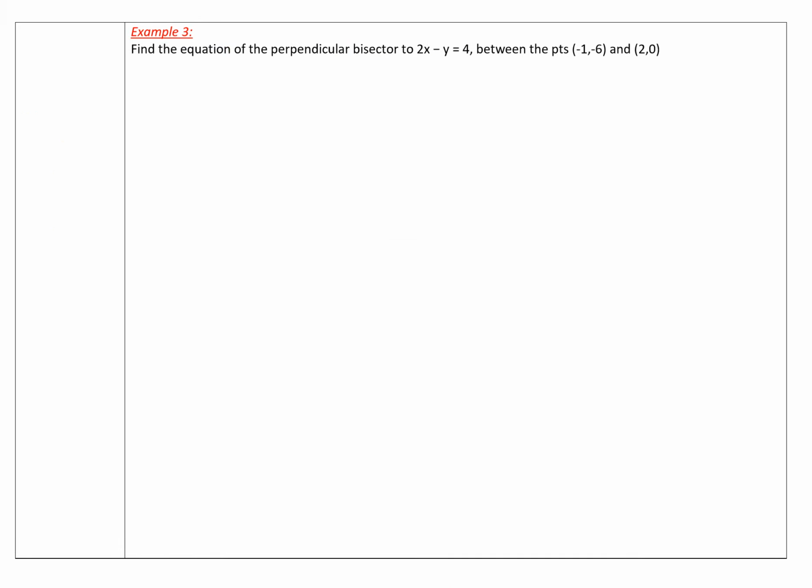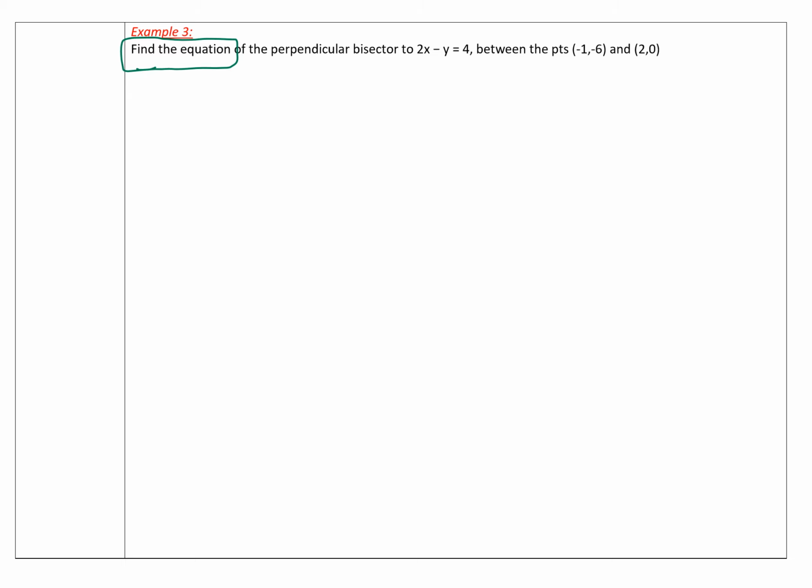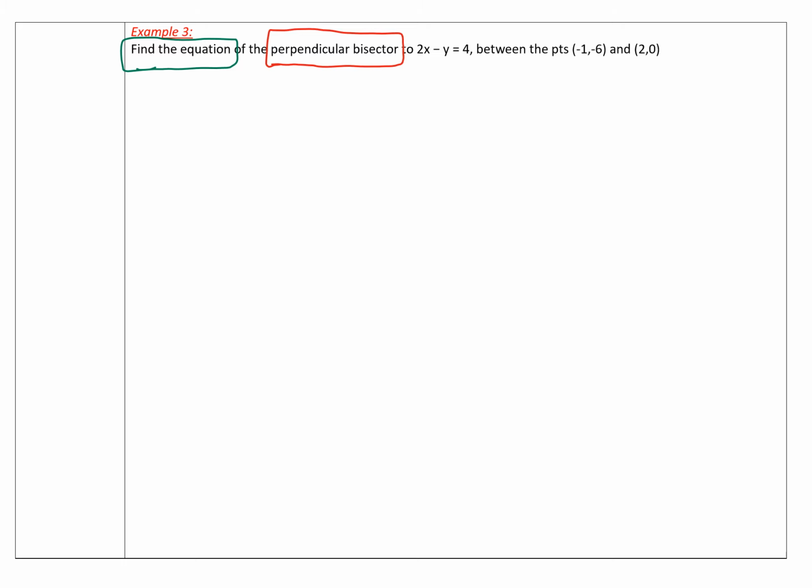Now example 3 once again asks us to find the equation. So always I'm going to have an answer that looks like y equals mx plus c. This time though, we're being asked to find the equation of the perpendicular bisector. Now we're going to go through what that means. But that perpendicular bisector is a bisector of this equation between these points.